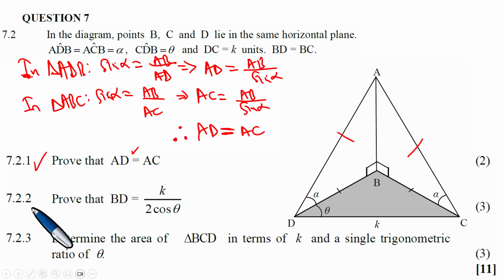Okay, now 7.2.2, guys. You can do it like you did, Lesedi. You can use your similarity and proportionality and so on. It's fine. Now do 7.2.2. Prove that BD is equal to that.